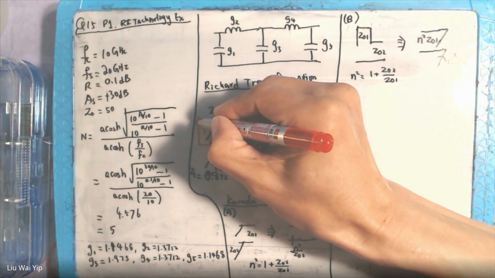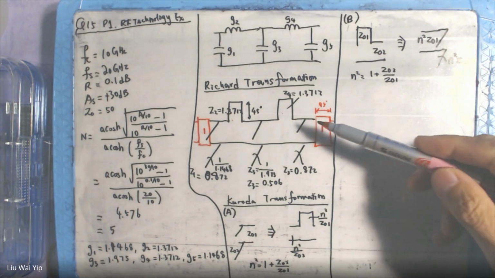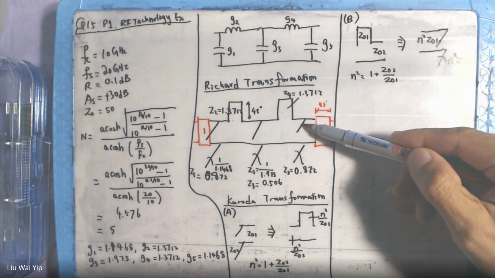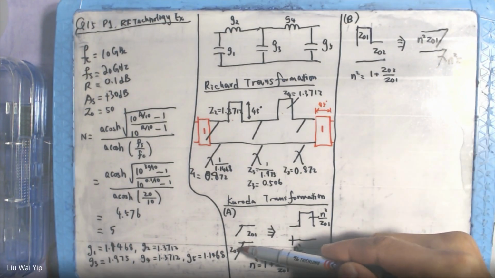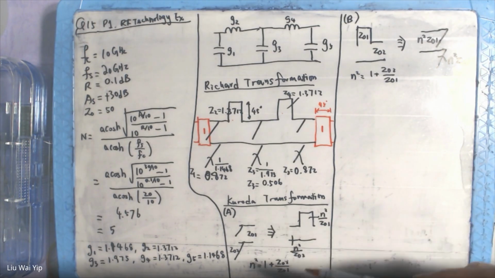By adding these two transmission line sections, you are not going to change the characteristic of the filter. But now, if you take a look here, you have an open circuit stub together with a transmission line section with characteristic impedance 1. So this one is very similar to this. So immediately I can transform it.